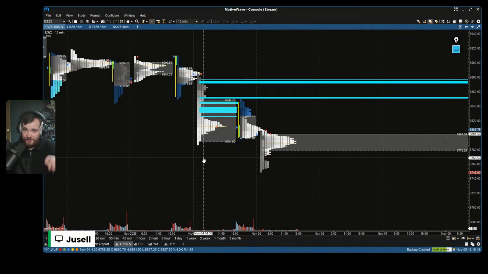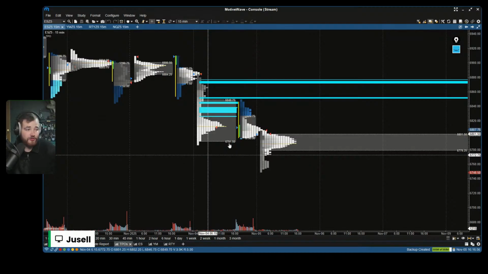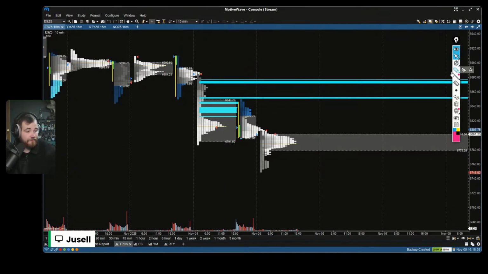So I use a tool called TPO, time price opportunity. It's basically a profile that shows where time has spent the most time. When you see a big bulge in the profile, that means time has spent the most time there. You can see here the naked volume point of control, which is where time spent the most time in the overnight session.